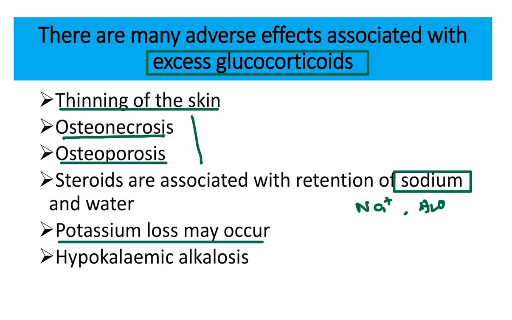So when sodium increases, potassium decreases. When potassium increases, sodium decreases. And also hypokalemic alkalosis develops. As the potassium is lost through the kidney, alkalosis develops.